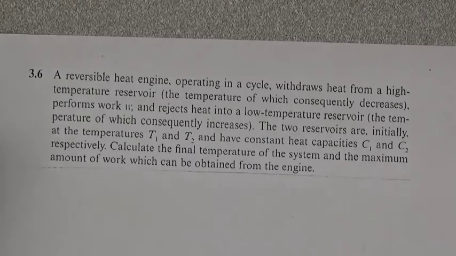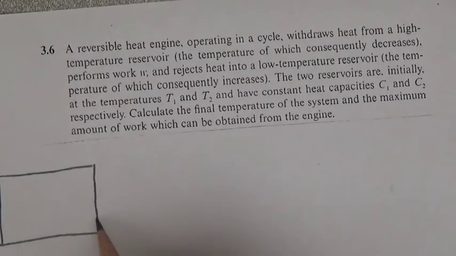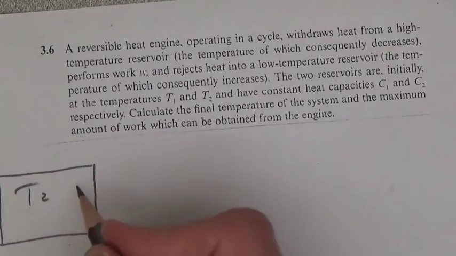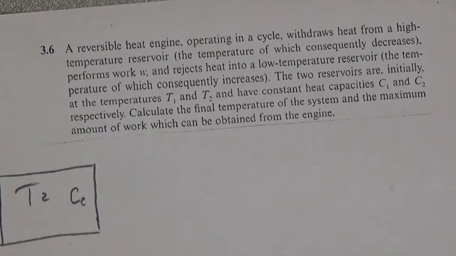So basically we have some hot reservoir with heat capacity C2 and a cool reservoir at temperature T1 with heat capacity C1, and a system.